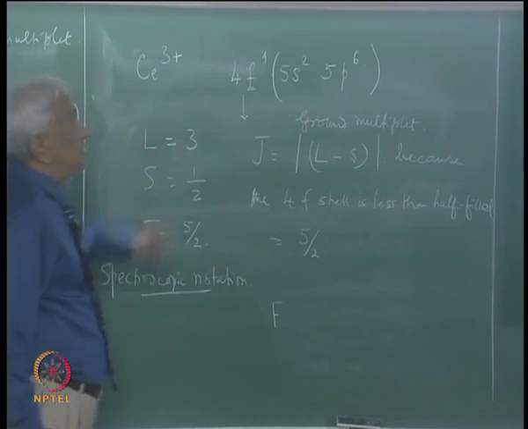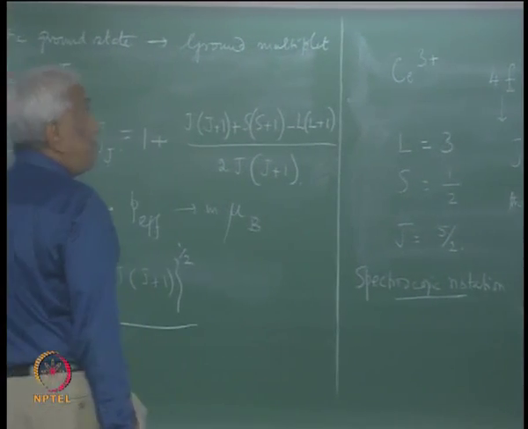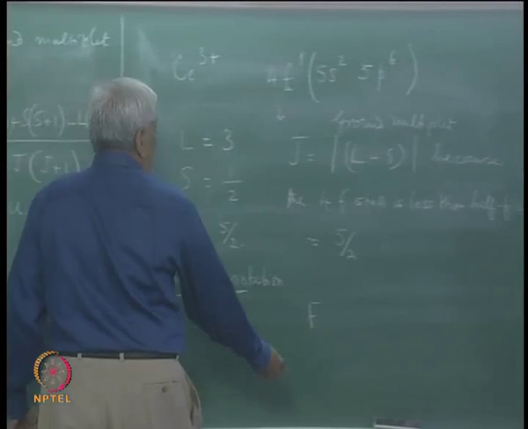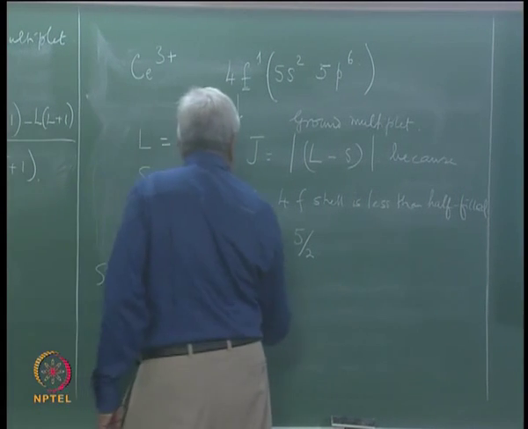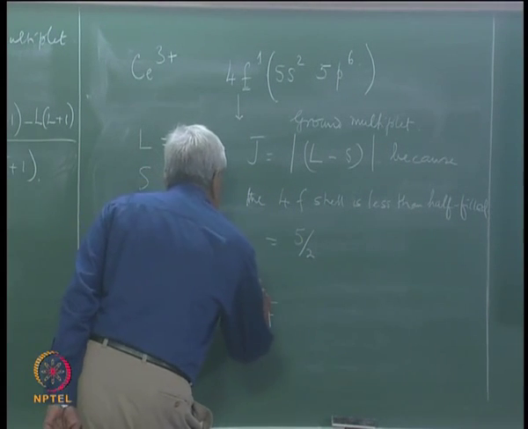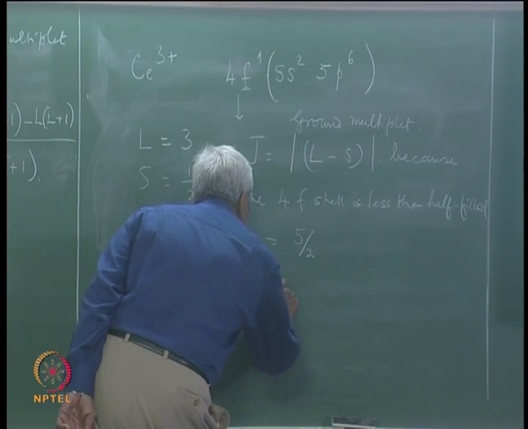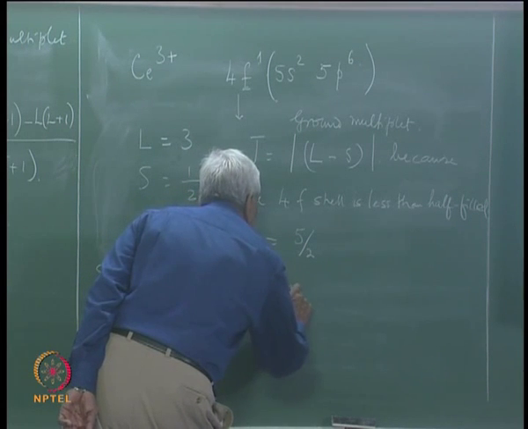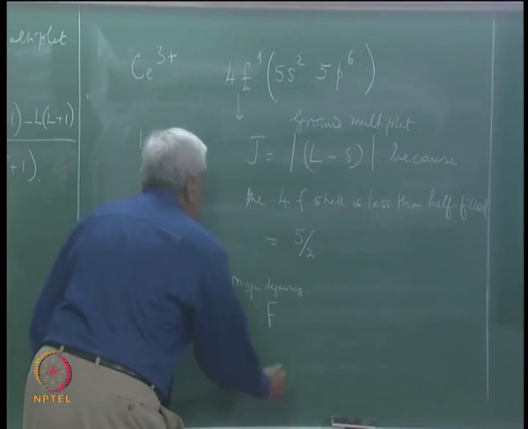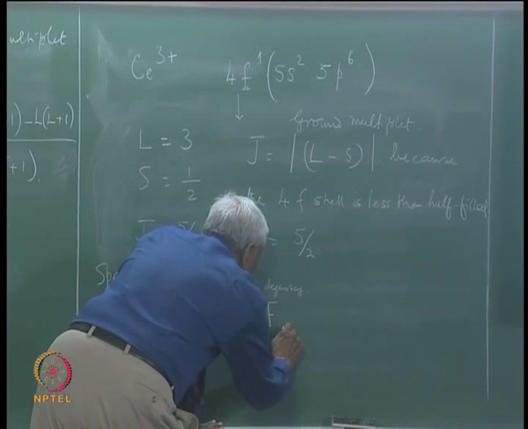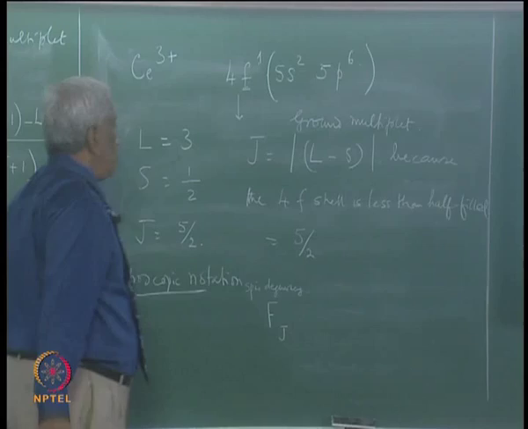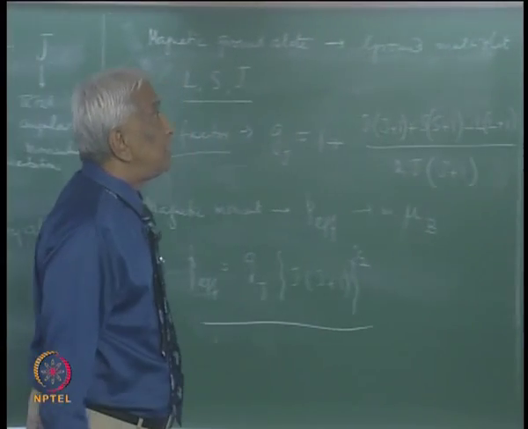In this case, since L is 3, it is an F term, and it has a superscript which has the spin degeneracy, and the subscript which gives the J value. So, that is the standard notation for the ground multiplet.